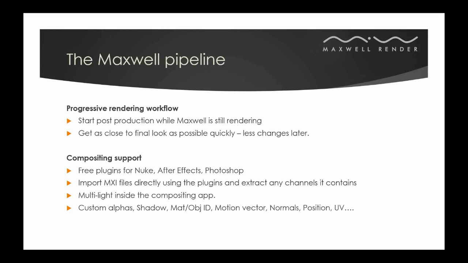So for example, if you turn off a light in the render, then the shadow channel is going to react to that, or if you mix different lights. So again, this can happen in real time in the render window. You can also change this later, as long as you have the MXI file. We also added the UV channel now, so you can get the UVs of the object and also the normals and position channels in version 3.